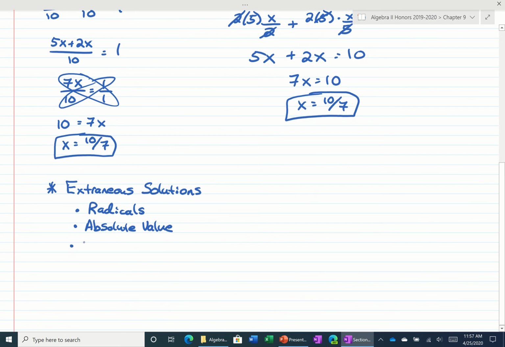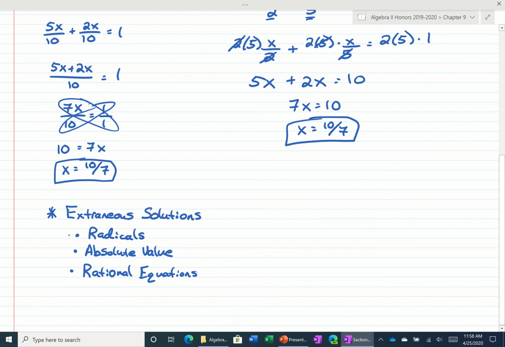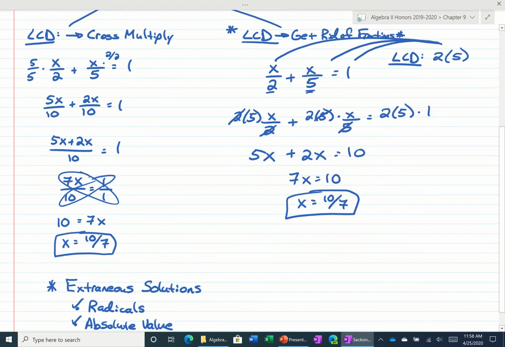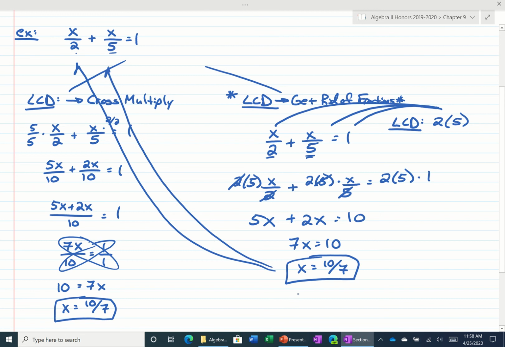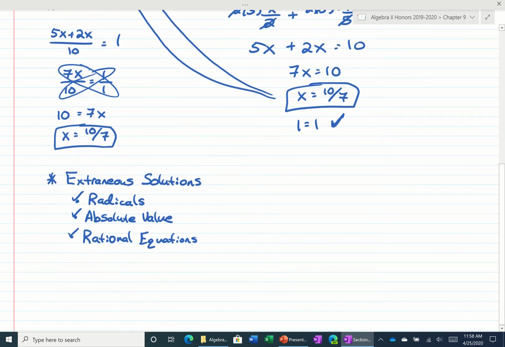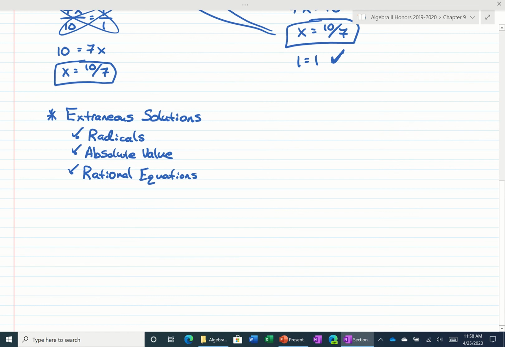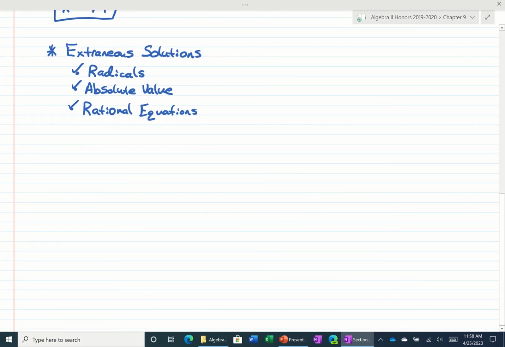And now we're seeing it again with rational equations. So whenever we have any of these three, we should just plug the answer in and see if it works. So 10 over 7, if we were to plug it in, and again, you could use a calculator for this, you would get 1 is equal to 1, and everything would work, so it's all good. But you should check whenever you have one of those three types of equations.